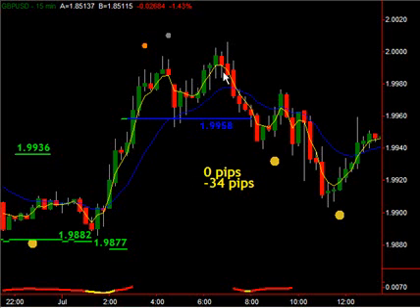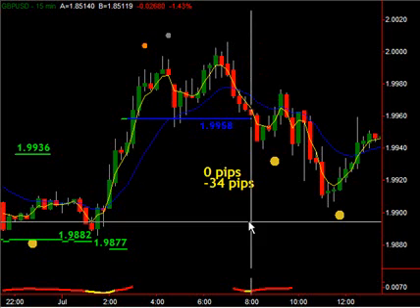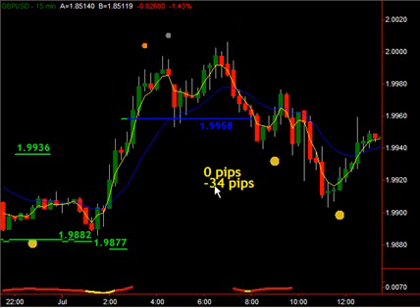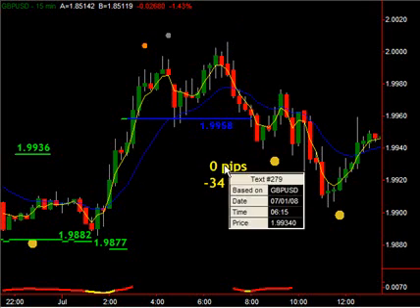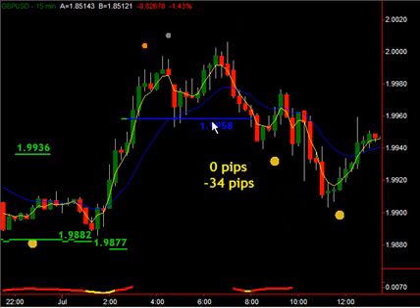But it's a great example of where a breakout doesn't actually continue, and it's a great way to minimize your losses. As you can see, I'm just moving along here, and this represents the total for that particular trade, and this represents the cumulative total.